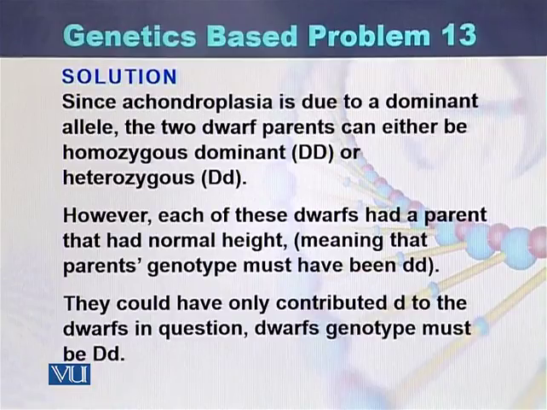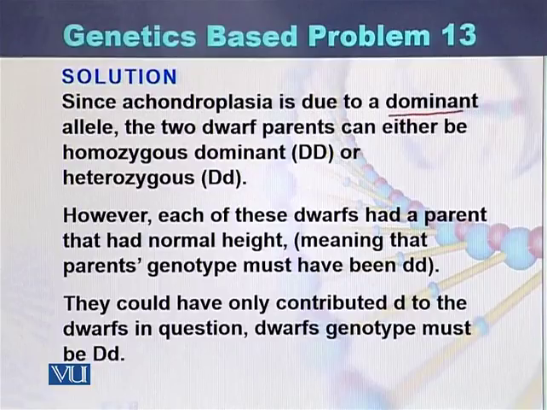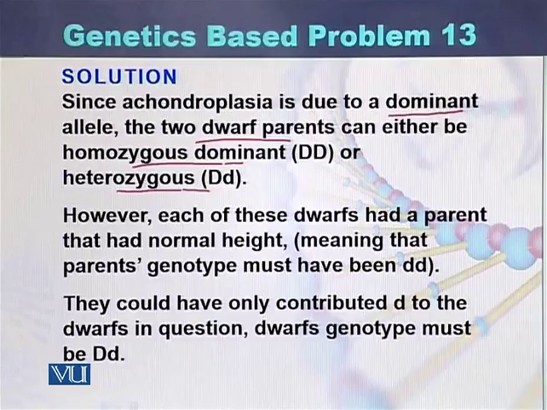Because the disease is due to a dominant allele, two dwarf parents can either be homozygous dominant or heterozygous dominant. First we have to identify which one the parents are.